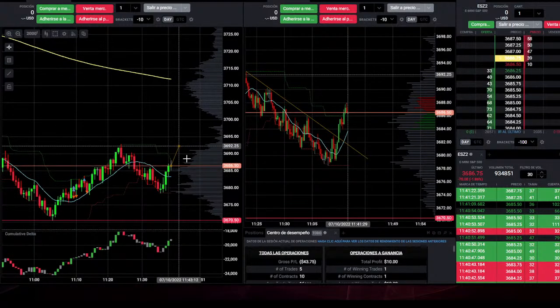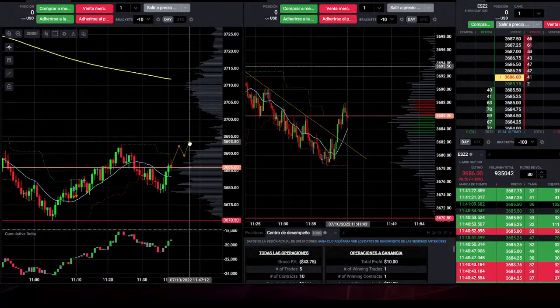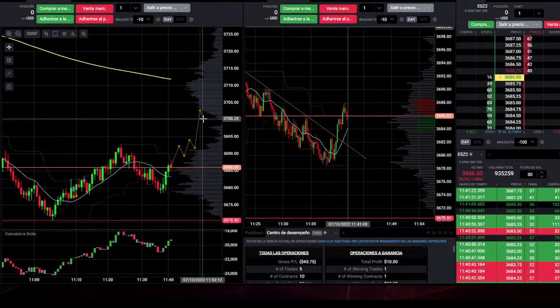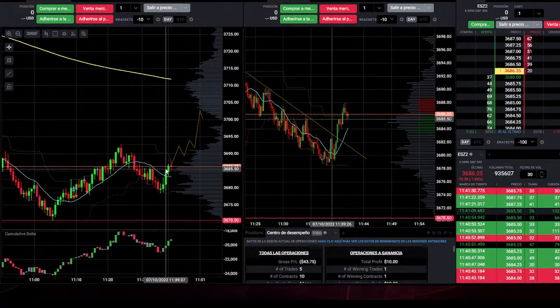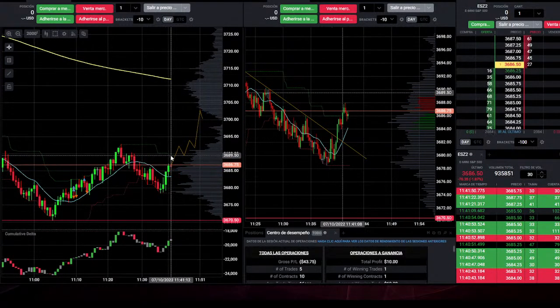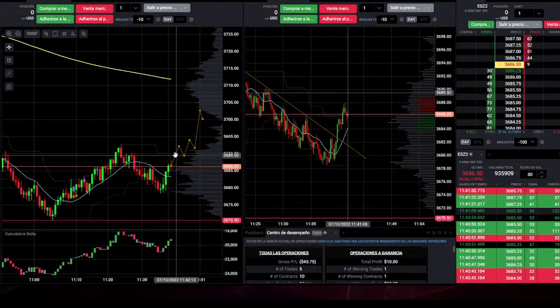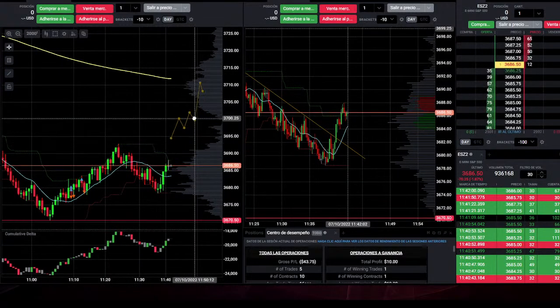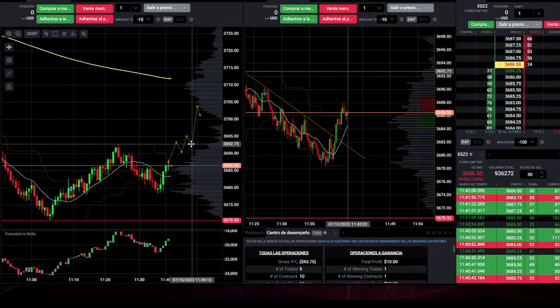I'm just drawing a line for the sake of drawing it. Kind of something like that. So it will be much steeper. That's why I'm anticipating, okay, perhaps it won't even have a retracement, so it could be less.